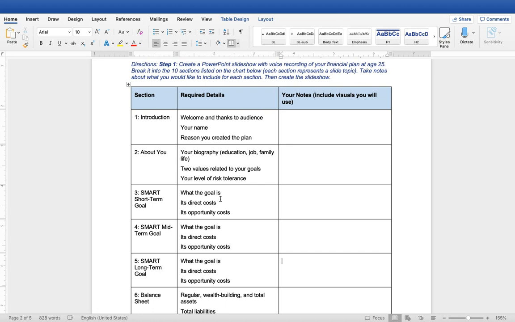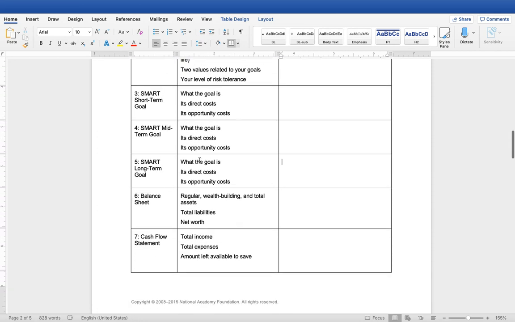So that's your opportunity cost. What is it that you're giving up to get whatever you want to achieve? So you need to do that for the short-term goal, the midterm goal, and the long-term goal. For all three, you're going to specify the goal, the direct cost, and the opportunity cost.